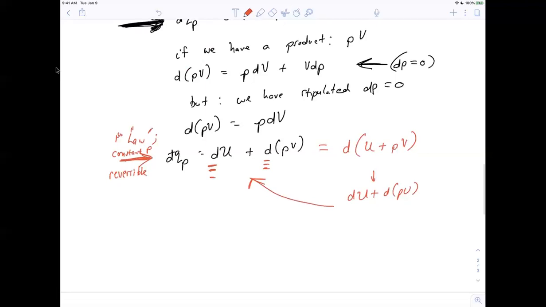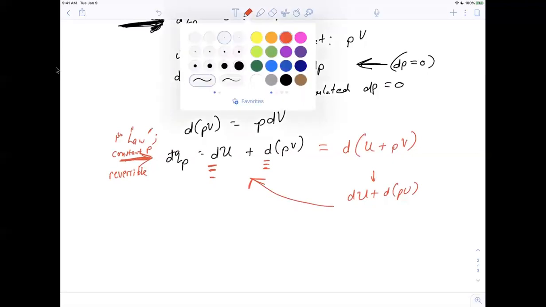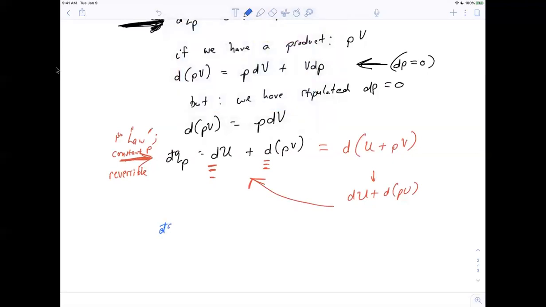And so what we arrive at is dQ sub P is equal to d of U plus PV, under the conditions I've noted right here. So these are very important. Those are the conditions or the stipulations or the constraints that have to be met.